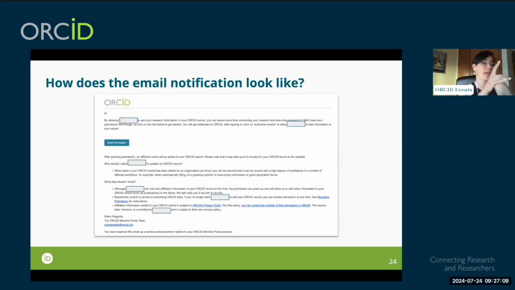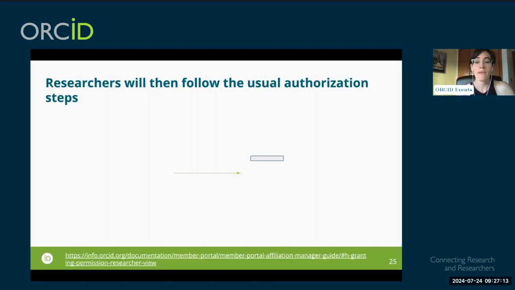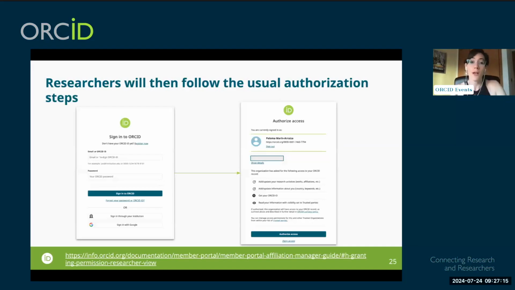And researchers have the option to click on grant permissions as well. Then researchers will need to follow the usual authorization process when they click on grant permissions. So first of all, they will need to log into the ORCID record. This is the reason why no duplicate is created. Or if they don't have an ORCID record yet, then they also have the option to register for one.